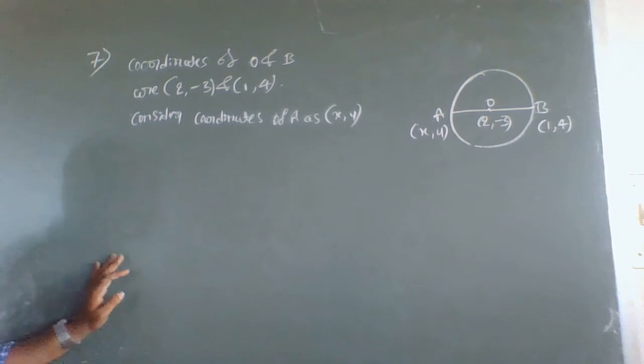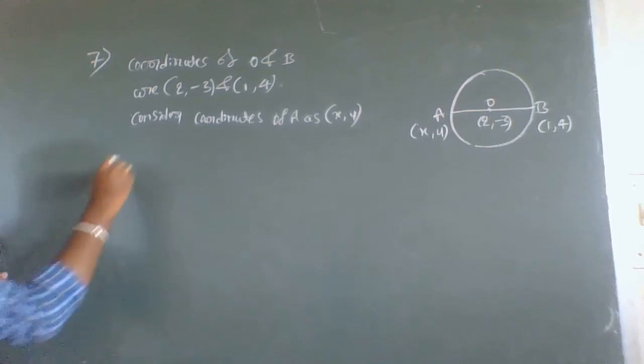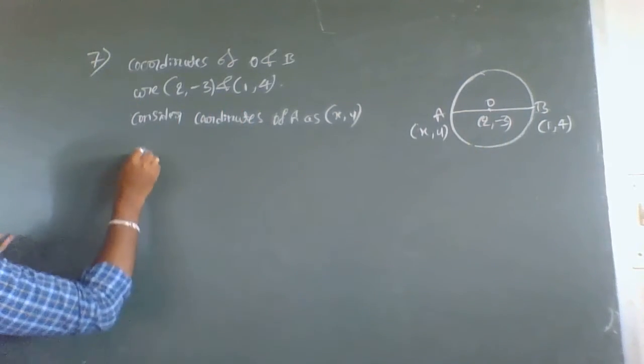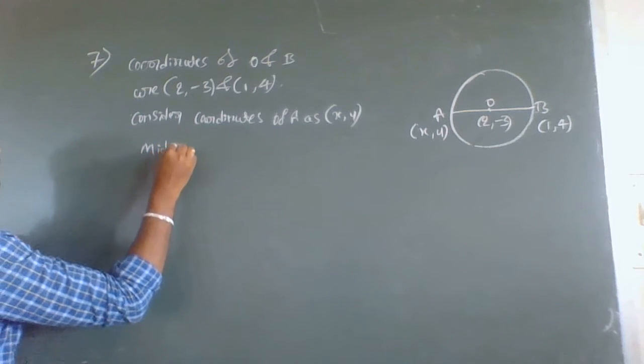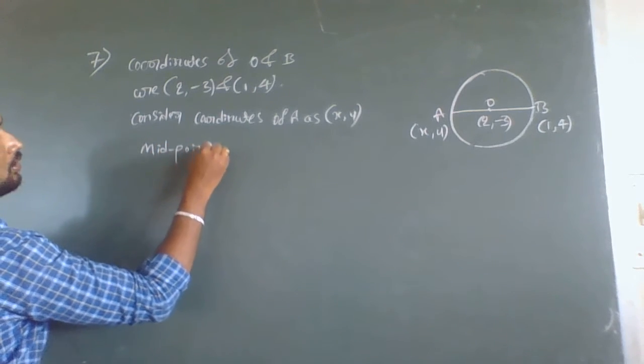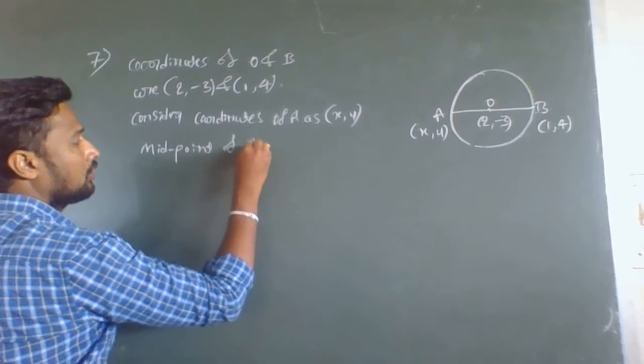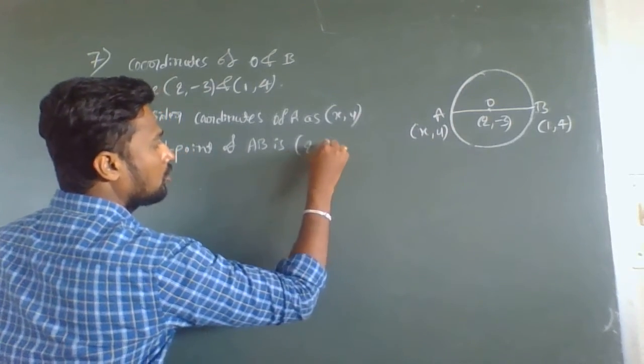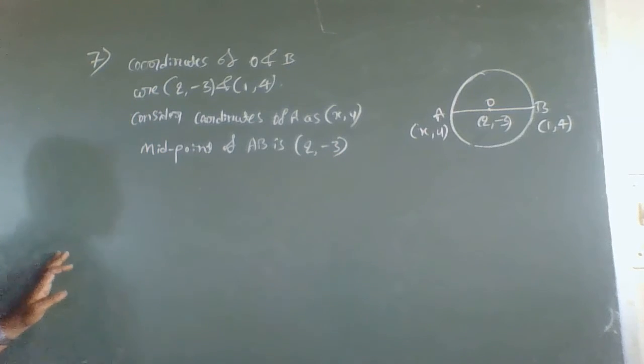Now the midpoint of AB is 2 comma minus 3, right?